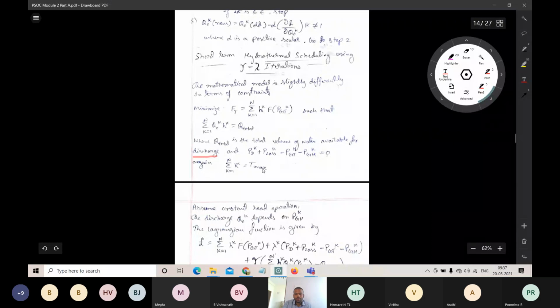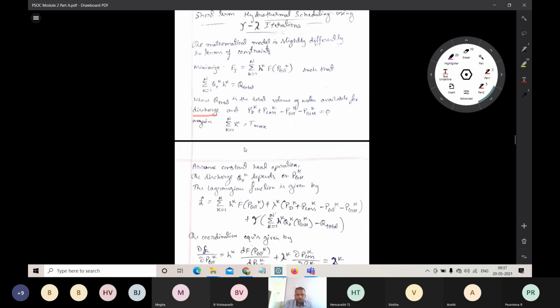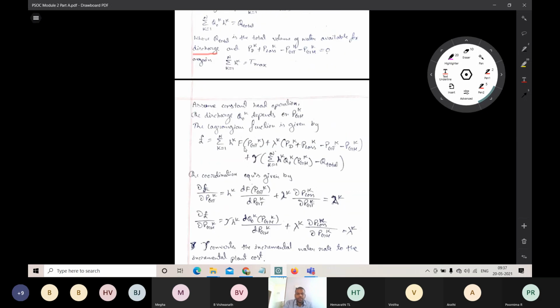These are the basic mathematical equations, and here we need to assume constant head operation. And here the discharge Q naught K mainly depends upon the PGHK.